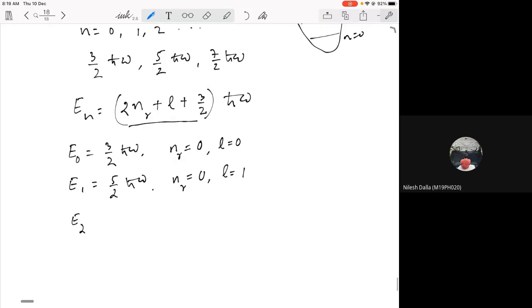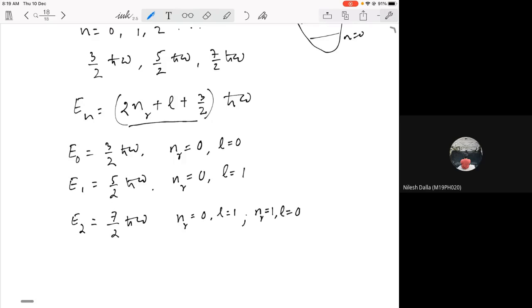If I want to go to the second excited state, which is 7/2 ħω, I can take nr equal to 0 and L equal to 2. I can also take nr equal to 1 and L equal to 0, right? This also gives me 7/2 ħω.